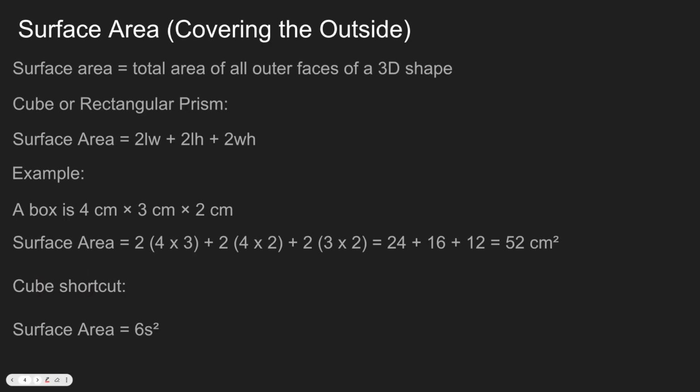Now, surface area. Complex, but actually really simple. So, a surface area is really the total area of all outer faces of a 3D shape. Okay? So, let's look at this cube again.